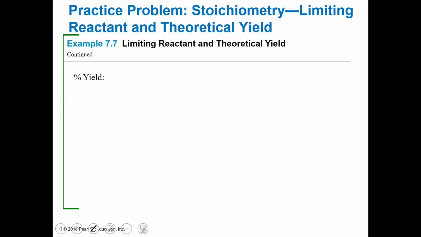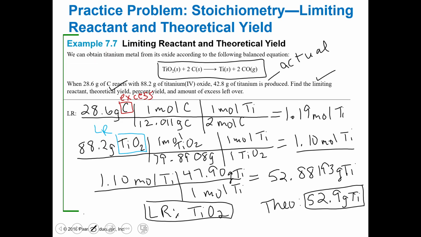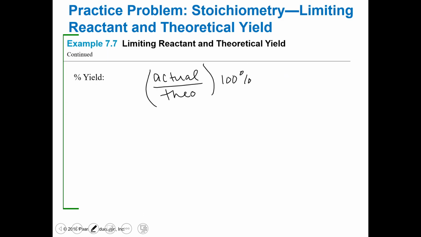Now our percent yield is actual over theoretical times 100%. If we go and look, we can see that the actual is 42.8 and our theoretical is 52.9.